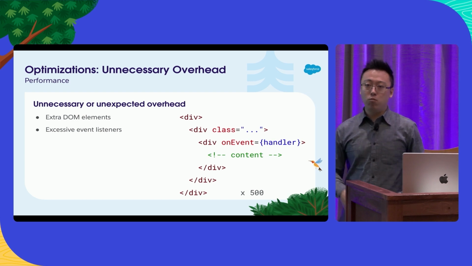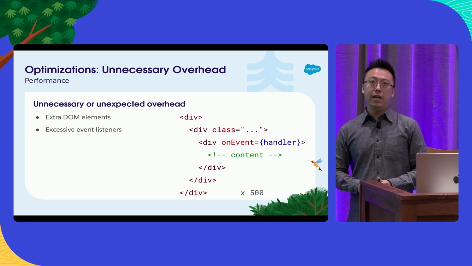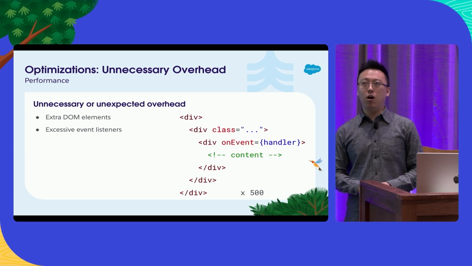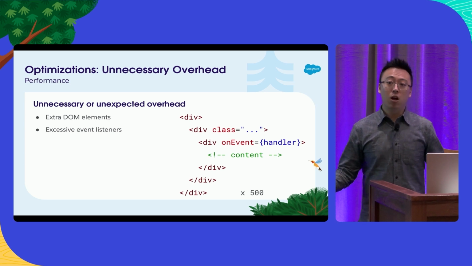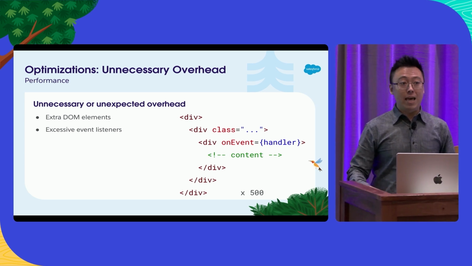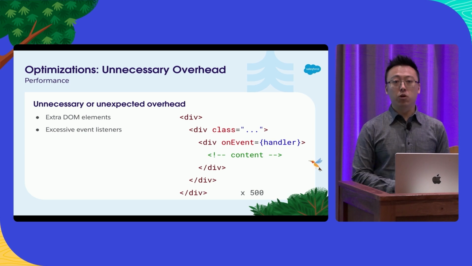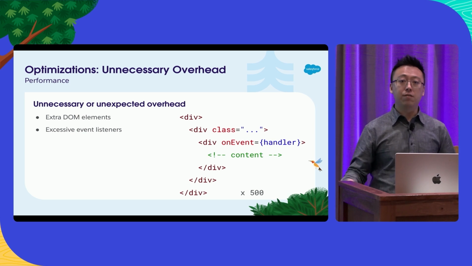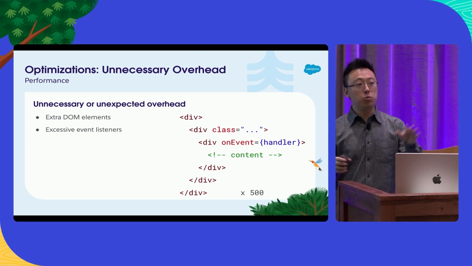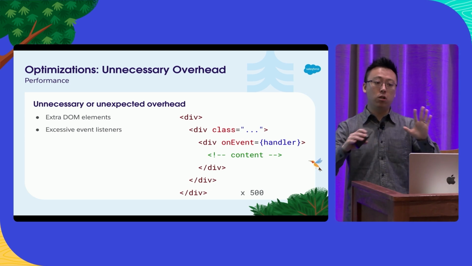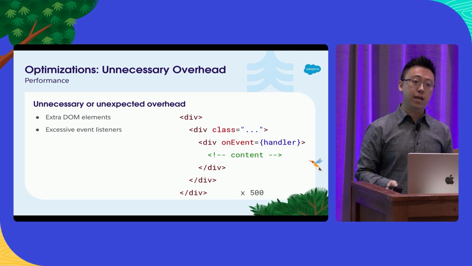I think the recommendation for a fast working page is honestly under 2,000 elements, and I'm pretty sure most applications out there on the web are definitely way more than 2,000. That might be fine if you're working with static pages. If you're adding a lot of interactivity, then this is one area to consider when you're working at these large scales. Do you actually need all of these elements? Do you actually need all of these event handlers?